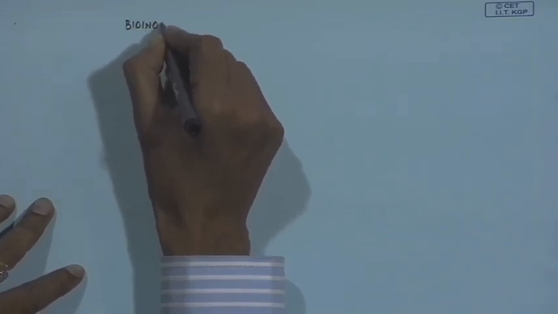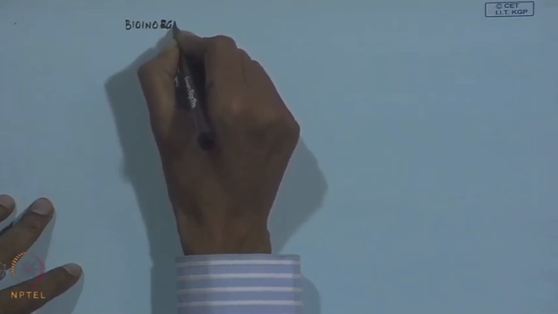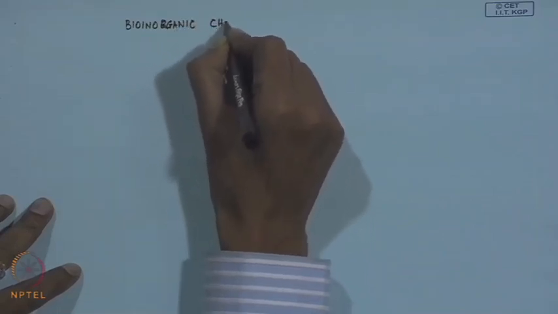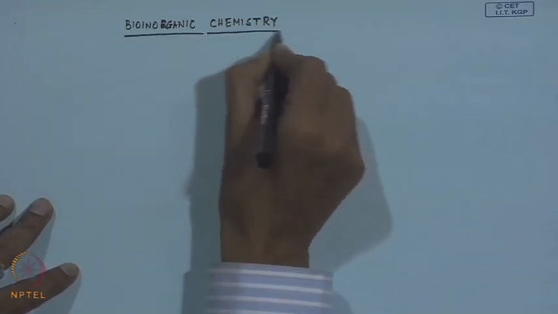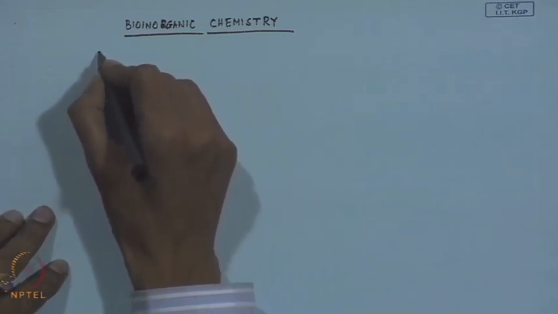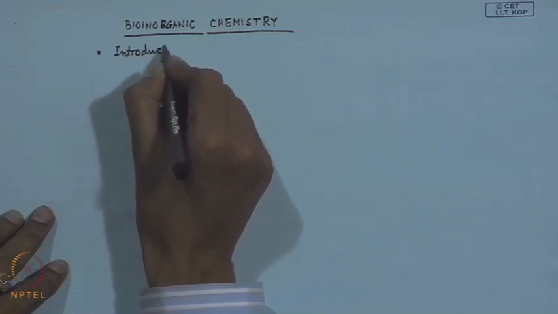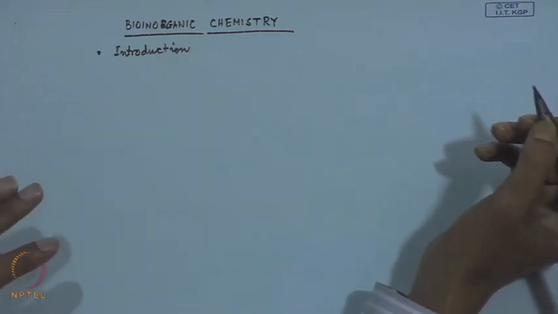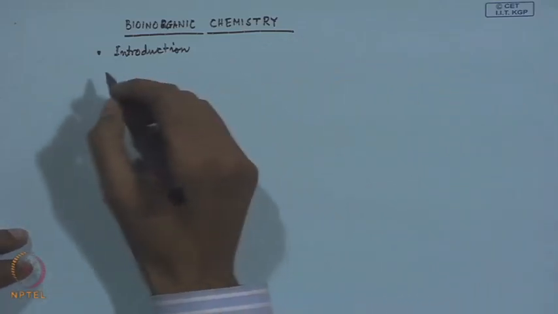Hello. So, in this class we will be talking about some basic aspects of bioinorganic chemistry, which will be covered within this first class, particularly the introduction, which will deal with some of the basic aspects of what little bit we know, and some more will be covered in this class.